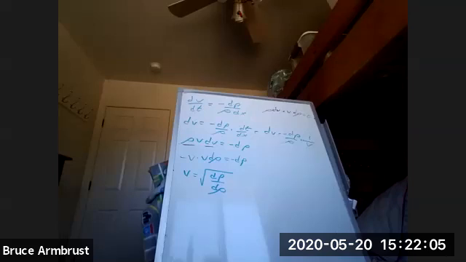Okay, so now we're going to go back to the ideal gas law. Because the ideal gas law, if you remember, we were able to write it as P in terms of rho.